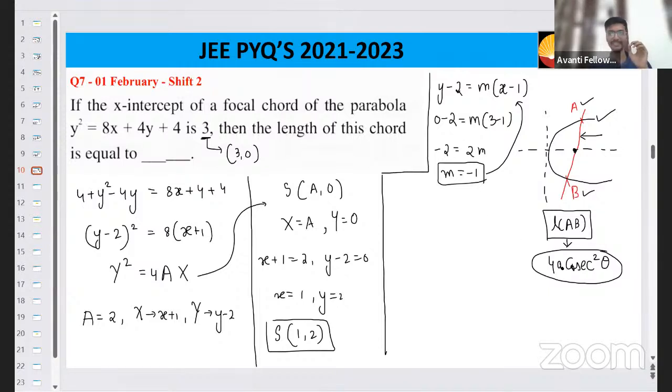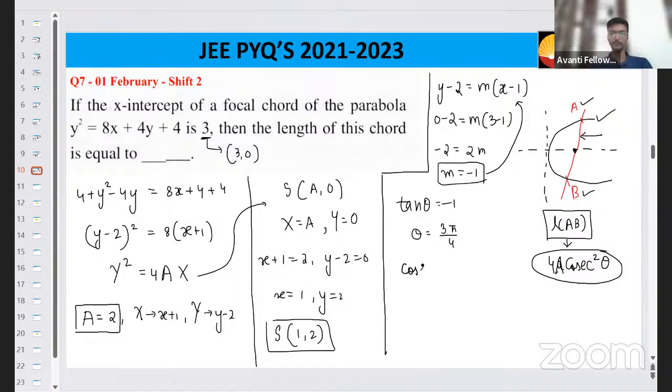So we need a, which is 2, and we need theta. The slope is basically tan theta, so tan theta is minus 1. That means theta is 3 pi by 4, or 135 degrees.